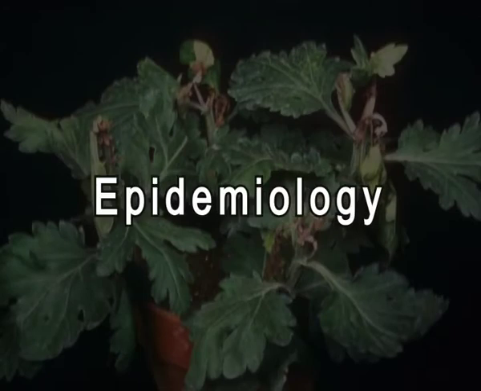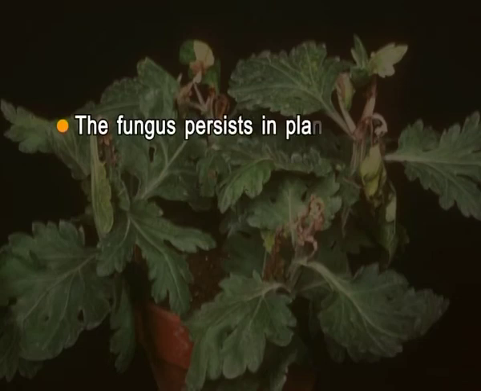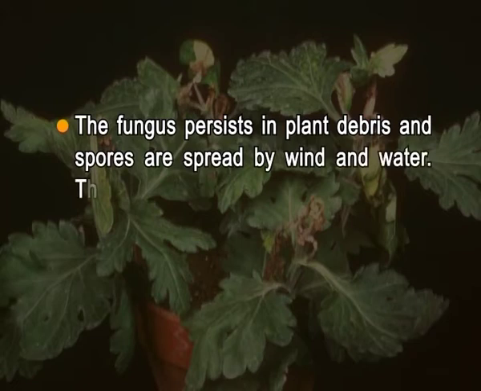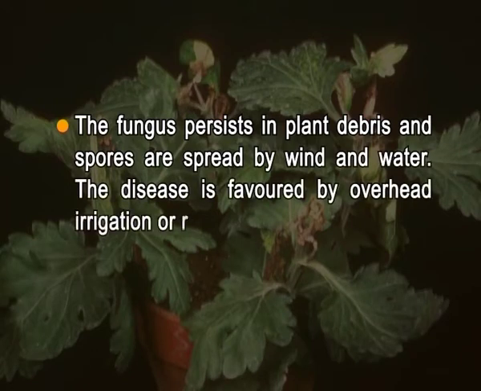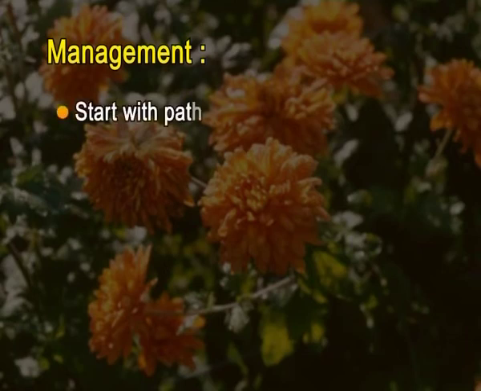Now let's see the epidemiology of the disease. The fungus persists in plant debris and spores are spread by wind and water. The disease is favored by overhead irrigation or rain. Now let's see how to manage the disease. Start with pathogen-free cuttings.